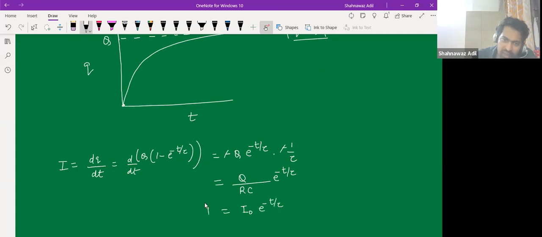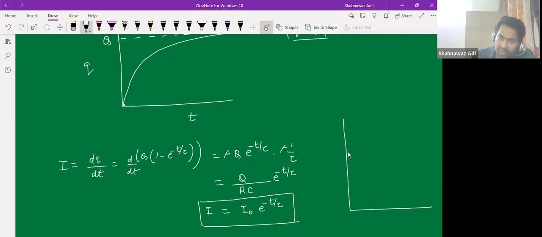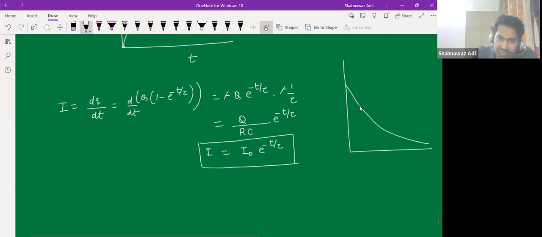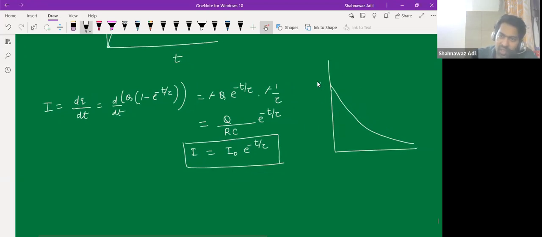This is the current. If we draw the graph of the current, it decreases: at 0 it is maximum, and then it decreases. This is I, and this is t.